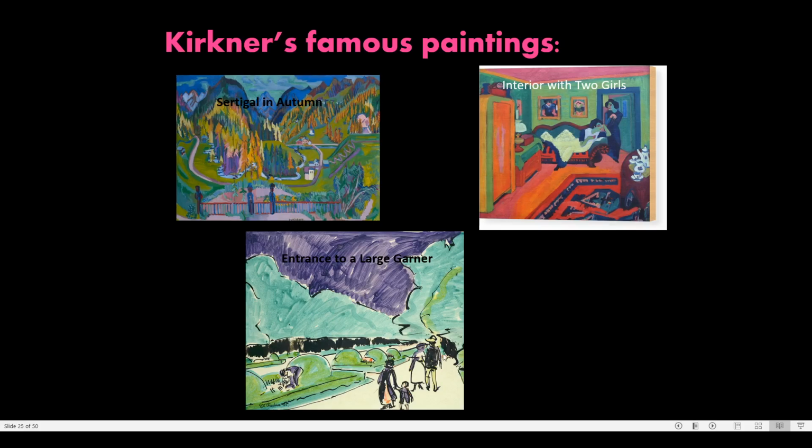You can see the colors he used. He was inspired by Van Gogh's landscape paintings, and he used pulsating shades of violet, blue, green, and yellow to represent rural scenes. These are the famous works of Kirchner.